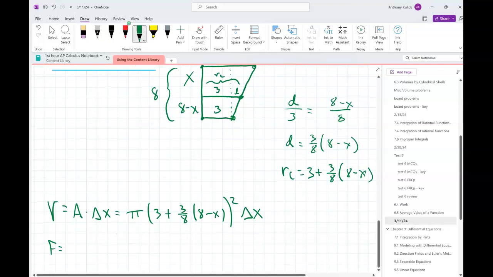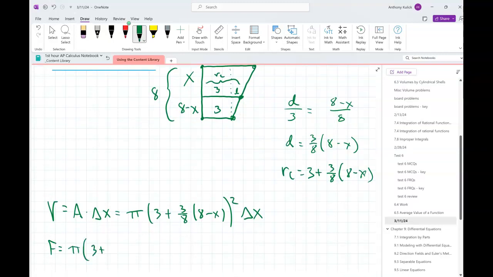So my force is going to be this thing, and I surely could simplify that down. I'm just not super interested in that, because eventually I'm just going to want to type this in my calculator, right? Like, oh, Rita, go ahead.